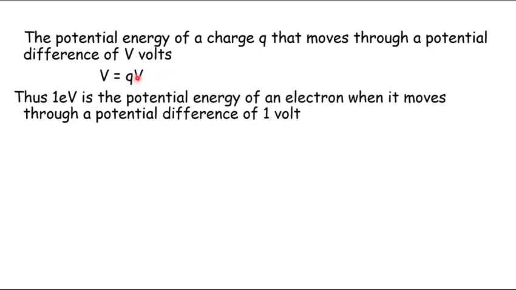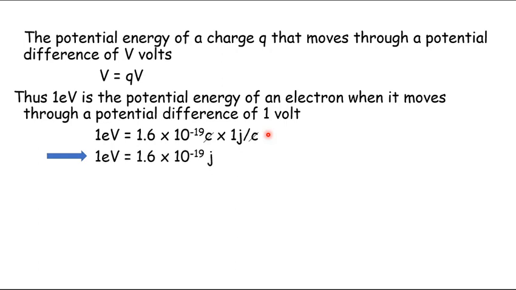Thus, if that particle is electron, its charge will be e, and if this electron is accelerated through a potential difference of 1 volt, the potential energy of the electron will be 1 electron volt. Right? So this 1 electron volt will be equal to charge of electron into 1 volt, that is joule per coulomb. So 1 electron volt will finally come out to be 1.6 into 10 raised to the power minus 19 joules.